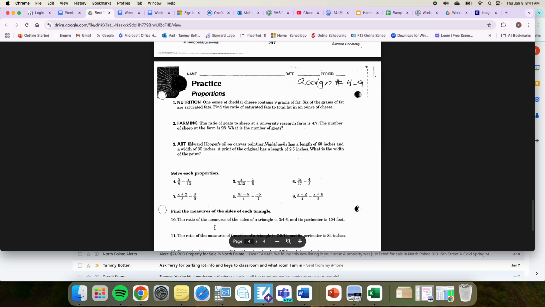If you would please write 7-1 day 2 worksheet on the top of your notebook page, that would be wonderful.